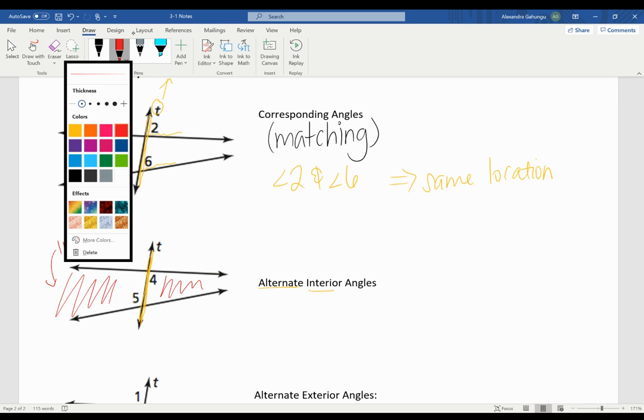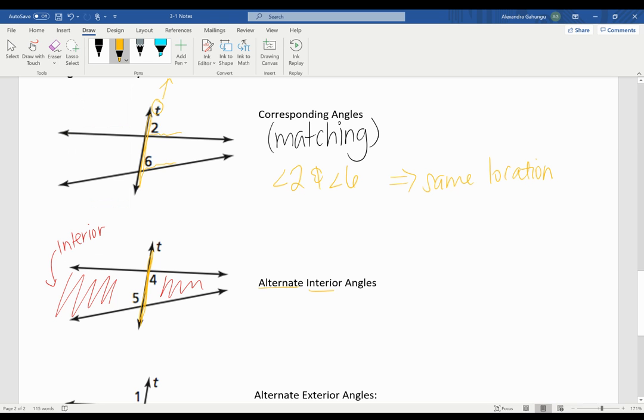So alternate interior angles are on opposite sides of our transversal and on the inside. So it's opposite and inside. So angle 4 and angle 5 are alternate interior angles, and my shorthand for alternate interior will be alt-int angles, because I don't want to write all of it.